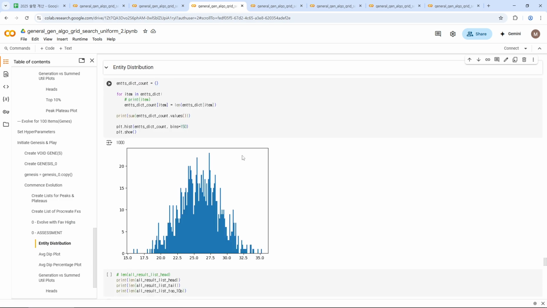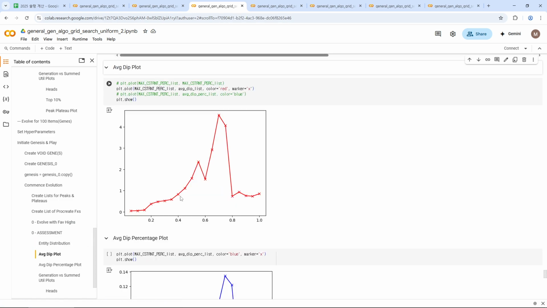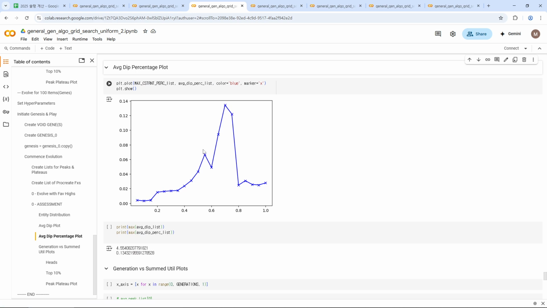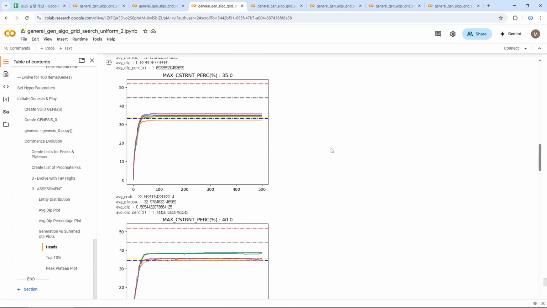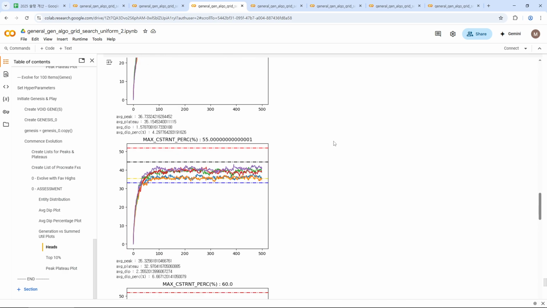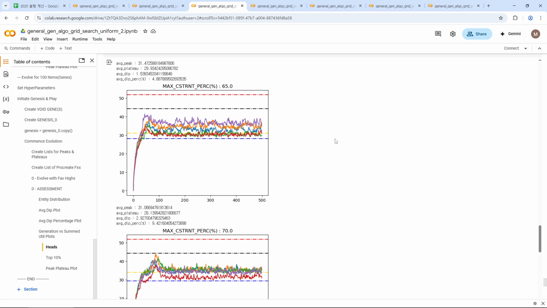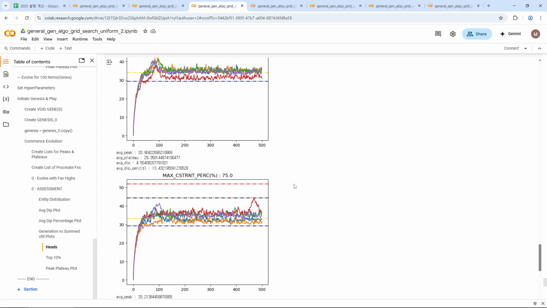100 items. Okay, entity distribution. Average dip plot, same. Average dip percentage plot, same. Heads. Well, this is unusual.